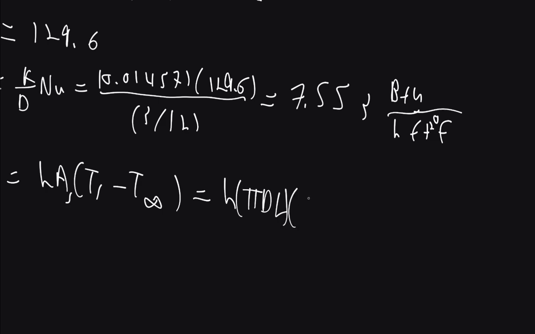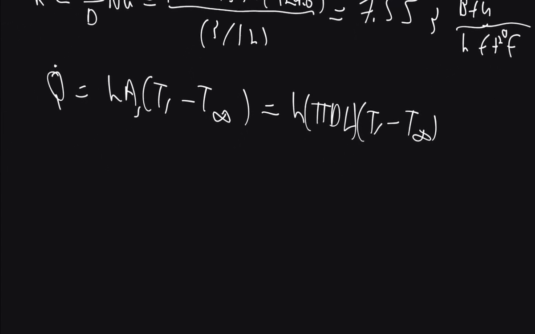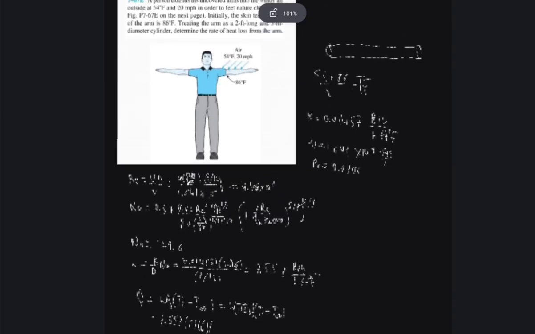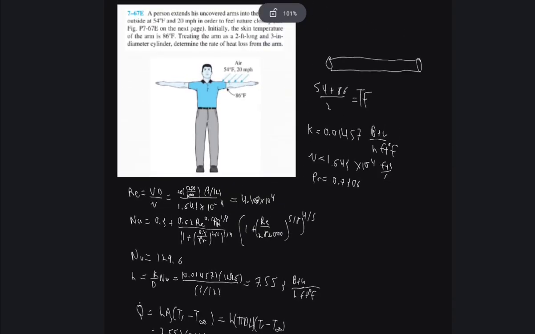Let me say Ts minus T infinity. So 7.553. These are terrible, but it's fine. Times pi times D was 3 over 12. L, what did we say L was? 2 foot long.